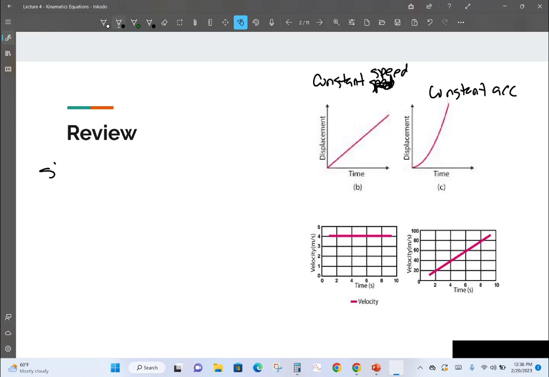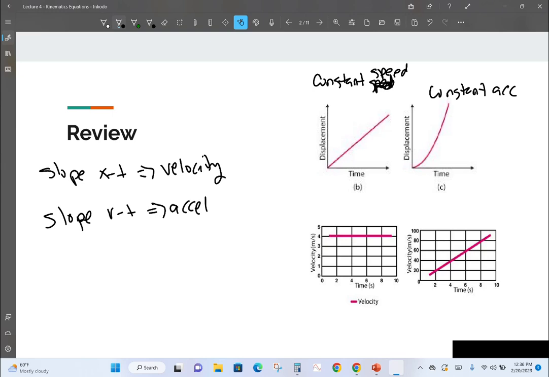The slope of an xt graph is your velocity, and the slope of a velocity graph is your acceleration.